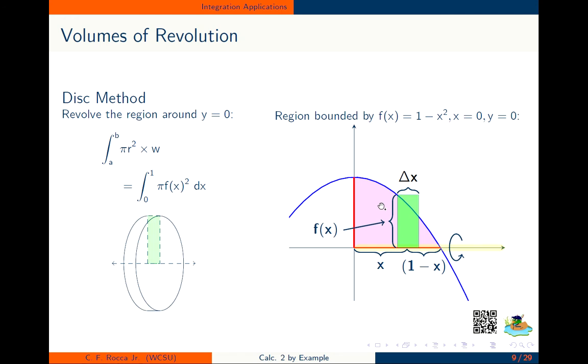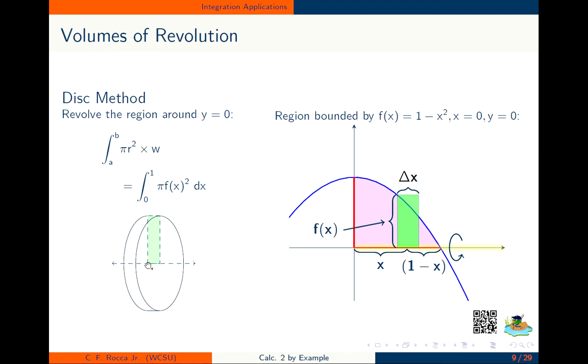So the volume is going to be pi r squared, that's the area of the circle, multiplied by the width w. When we turn that into an integral with our different values, pi is a constant, f of x is our radius, and so I have f of x squared, and then the width is going to be dx, because as we take a limit, as the rectangles get thinner and thinner, delta x becomes our differential dx.